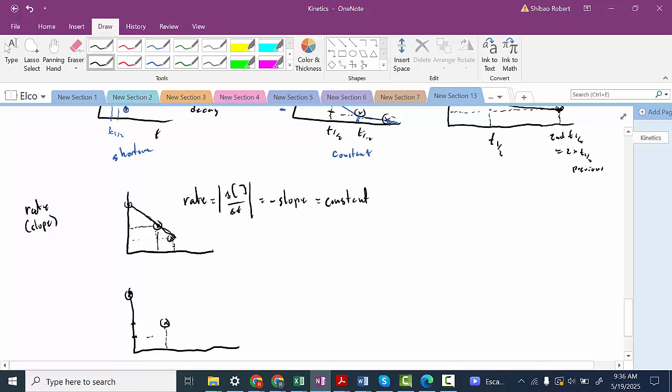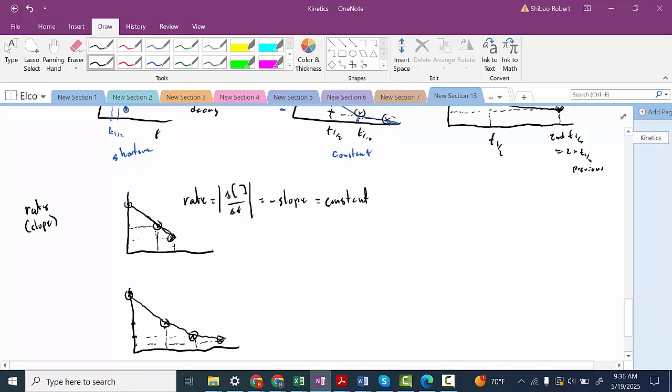So if we cut that in half again, and we go out to about the same amount of time here, and then again we cut this in half again, and we go out the same amount of time, about here.